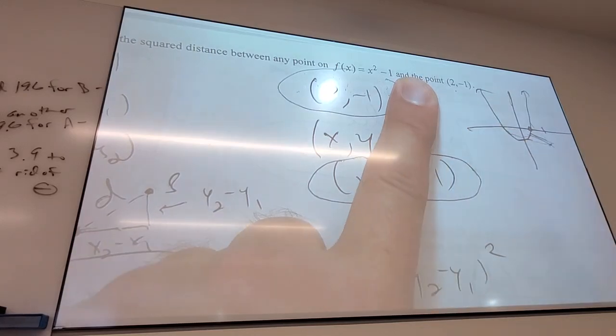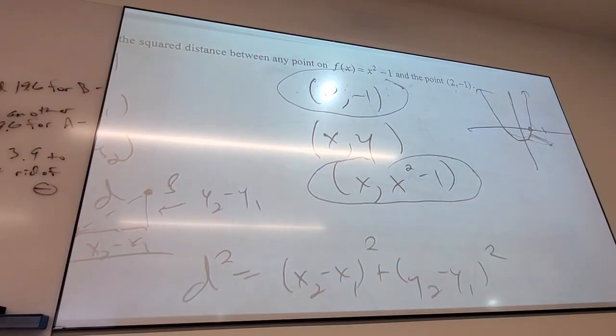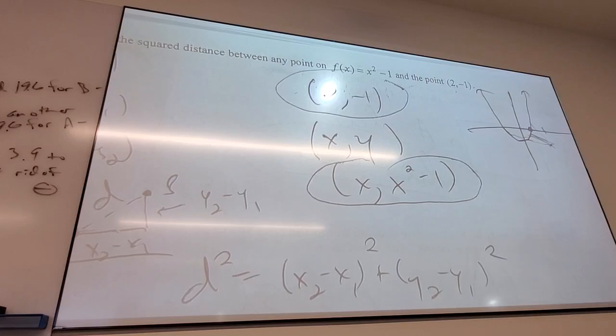The answer is 1, 0, because it's on the parabola. The problem is done. So of course I'm going to have a point that's not on the parabola. I want to know how do you get closest to that point? Where would I be on the parabola to be closest to that point?